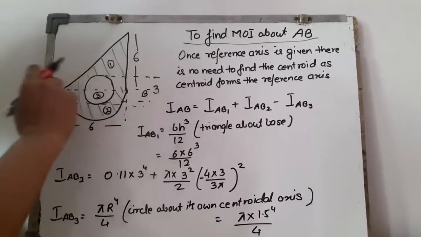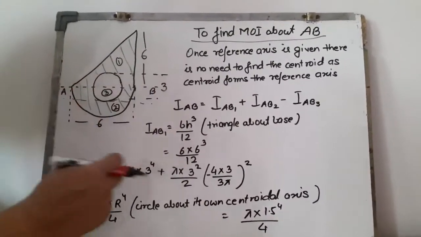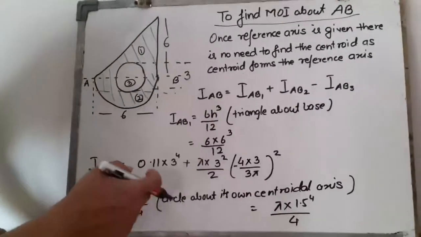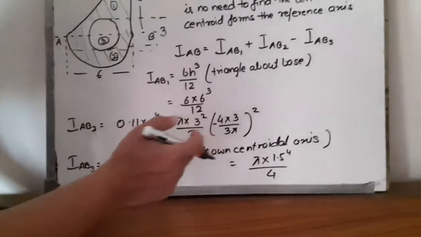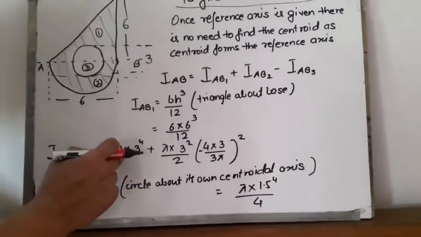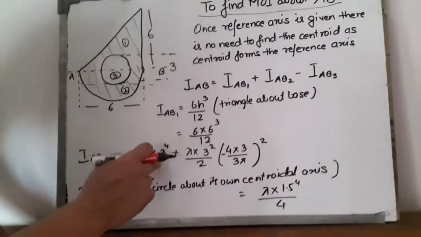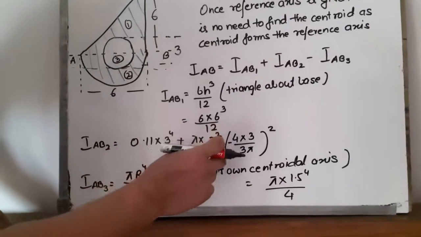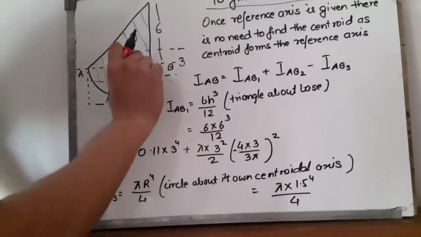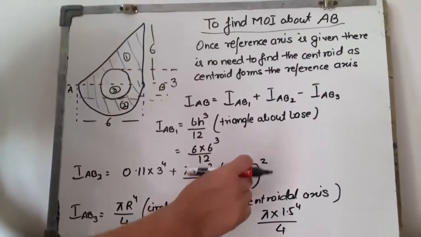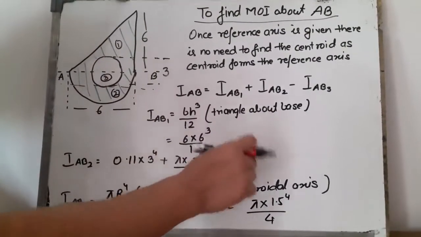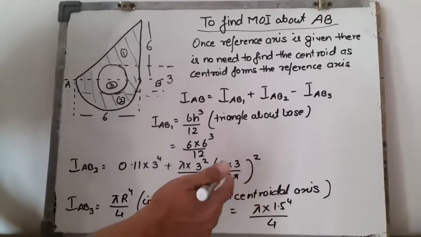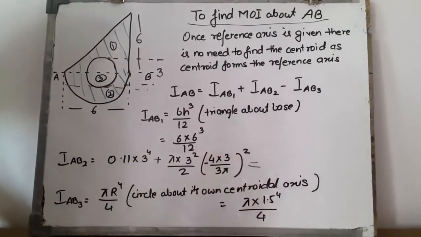IAB2 about the base of a semicircle is again pi r to the power 4 by 8 only. So if you do this, it will come out to be pi r to the power 4 by 8, but for reference purposes it is 0.11 into 3 to the power 4, plus the area, and the shift, which is 4r by 3 pi. We have represented it by minus also, because the whole square will ultimately turn out to be positive. So you can calculate this one.